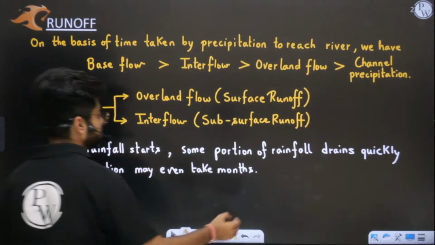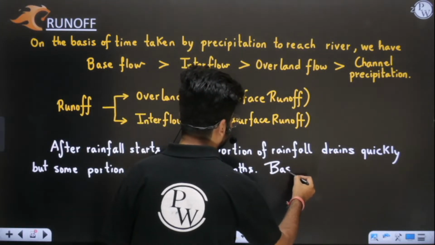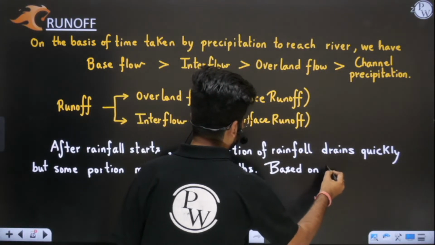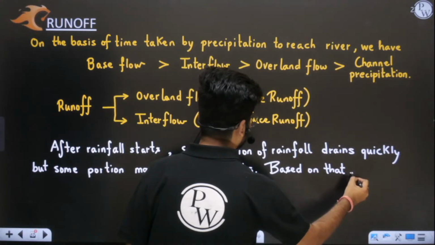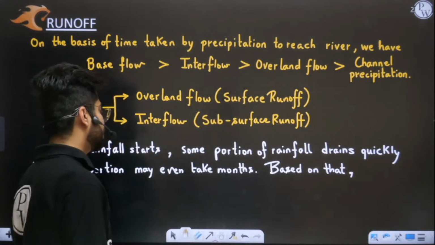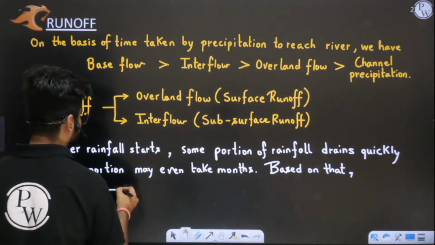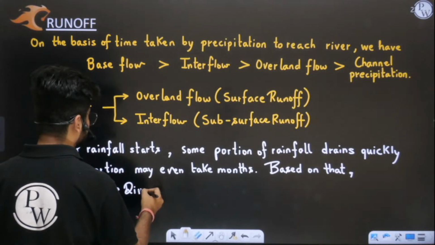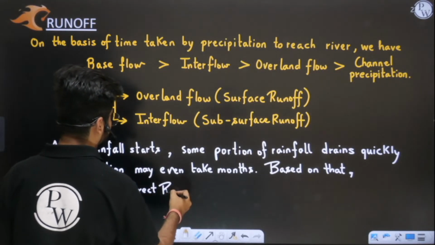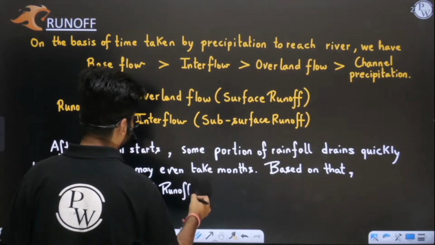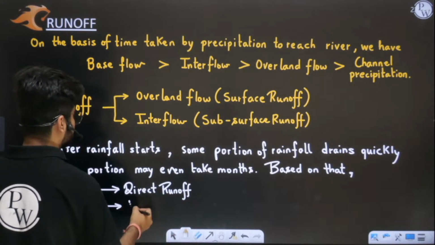Based on that, we can classify this entire runoff into two parts. The first one is direct runoff, which is the quick portion, the water which reaches quickly, and the next one is your base flow.